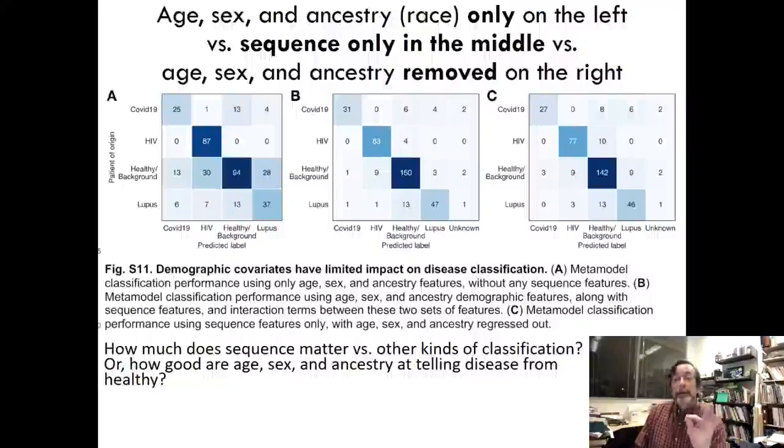Do not conflate race with immune genes. Your immune genes are influenced by the environment. There's some aspect of them, and in the paper they even show you there are some aspects of the immune genes that you get that are associated with what we classify as race, but not many, and they aren't as important as other things.